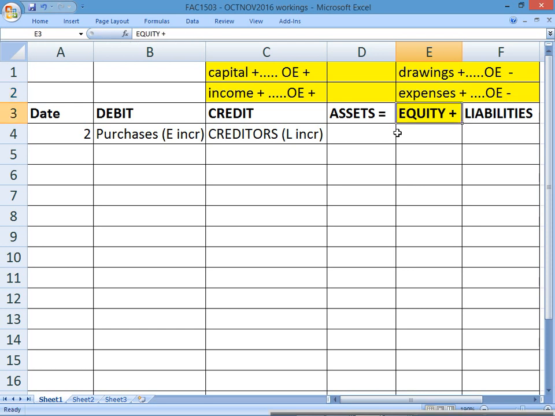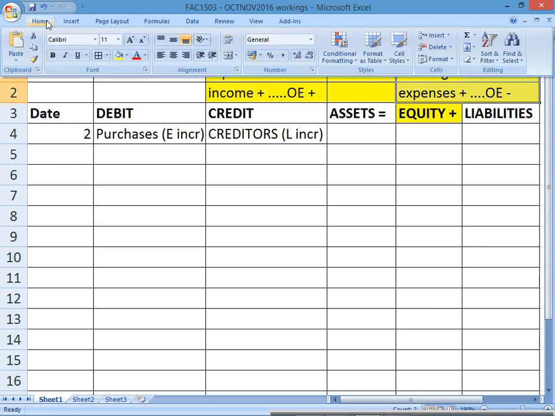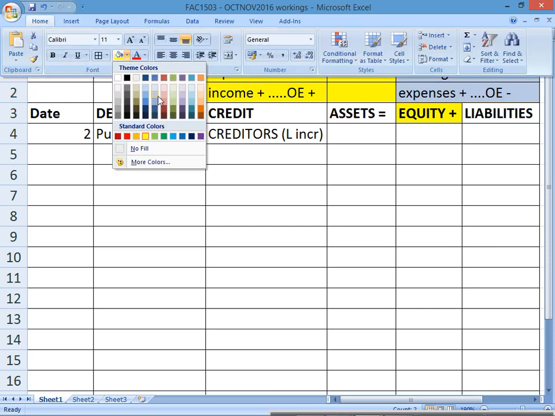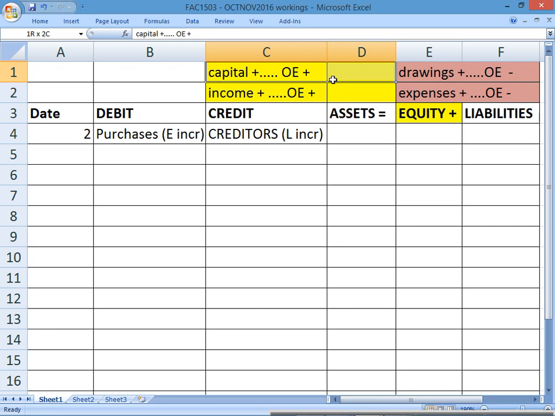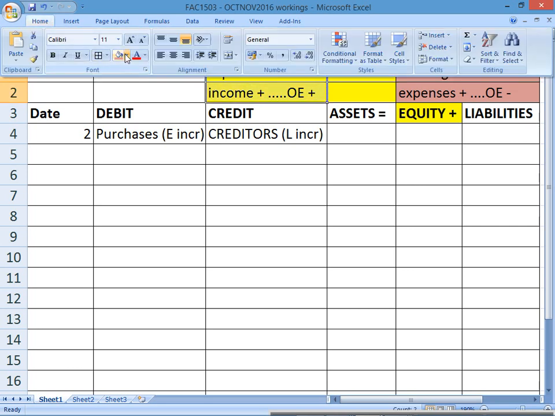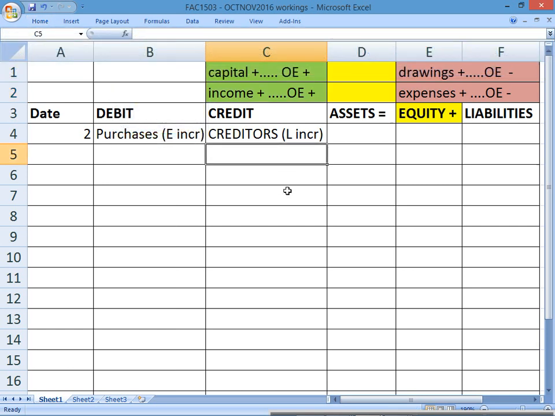Perfect. So now I know what the different accounts are. These two are going to affect owner's equity negatively. These two are going to affect owner's equity positively. There are two different accounts, but there's only 6. Now you've got assets, liabilities, capital, income, drawings, expenses. Those are the only 6 that you're going to get.